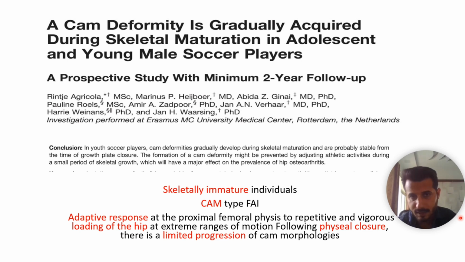Because in these people, repetitive and vigorous loading of the hip occurs at extreme ranges of motion, because of which there occurs an adaptive response at the proximal femoral physis, stressing the physis, which leads to the formation of a bony bump. But following the physeal closure, there is a limited progression of the CAM morphologies.